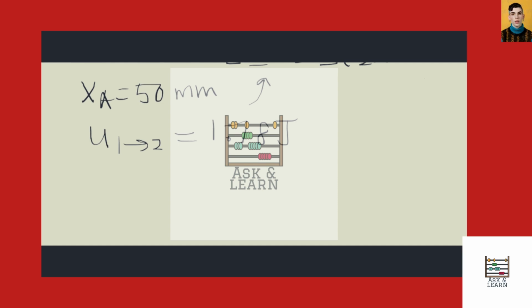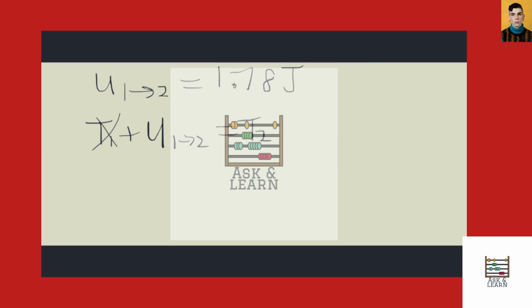Now using our kinetic energy and work relation, we know that T1 plus U1 to 2 is equal to T2. The system is starting from rest, so T1 is equal to 0. So we just have U1 to 2 is equal to T2, which we know is equal to 1/2 mv squared.